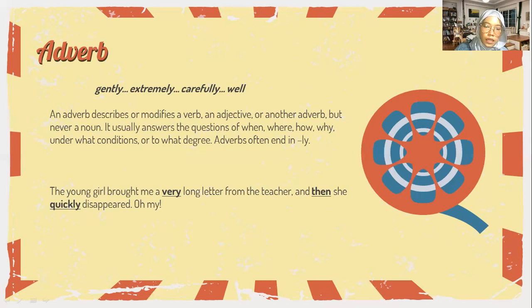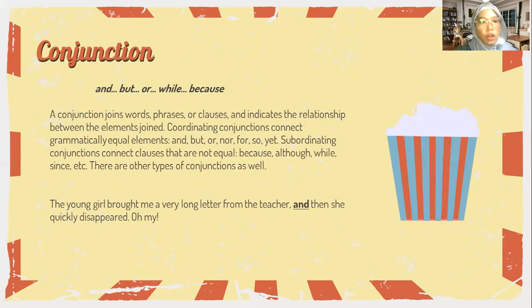Next is conjunction. A conjunction joins words, phrases, or clauses and indicates the relationship between the elements joined. Coordinating conjunctions connect grammatically equal elements, like and, but, or, nor, for, so, yet.